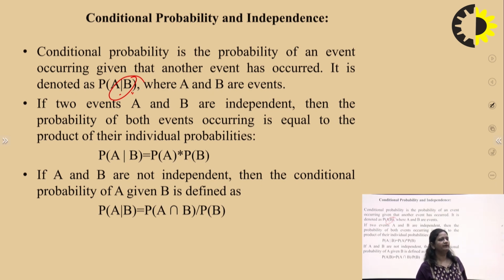If the two events A and B are independent, then the probability of both events occurring is equal to the product of their individual probabilities.